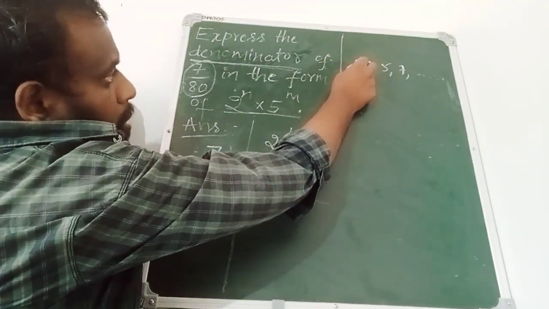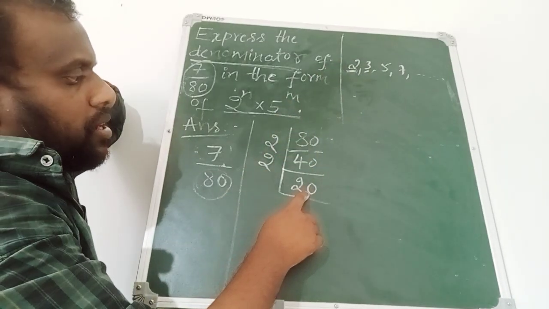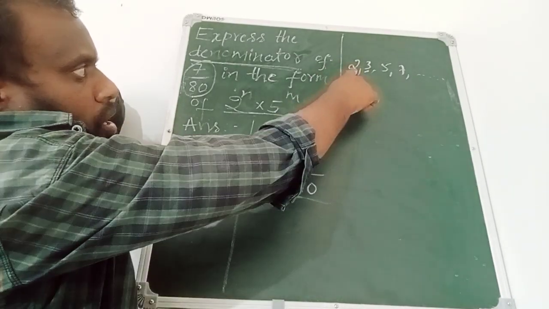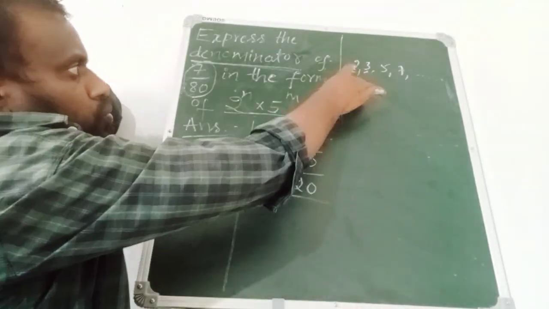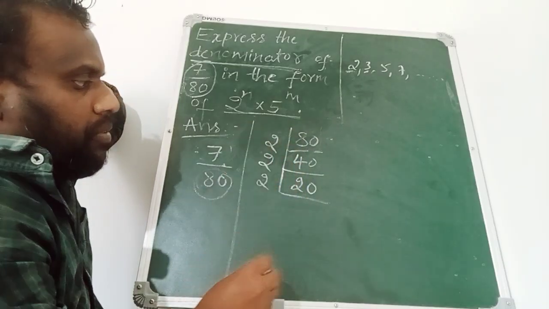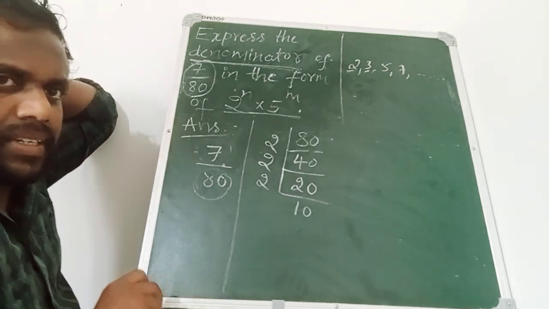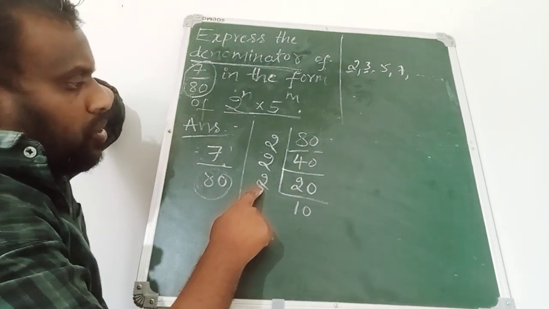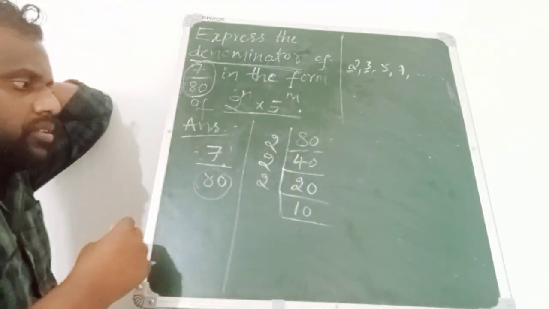Consider the same prime number and check whether 20 is completely divisible by 2. It is, so write this 2 here again. Now divide: 2 tens are 20. Correct? Next draw like this.